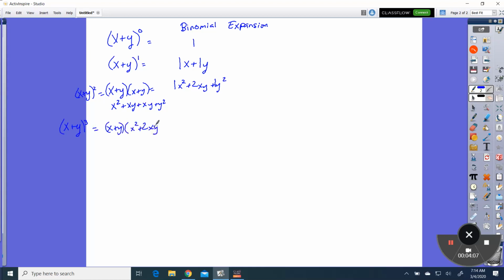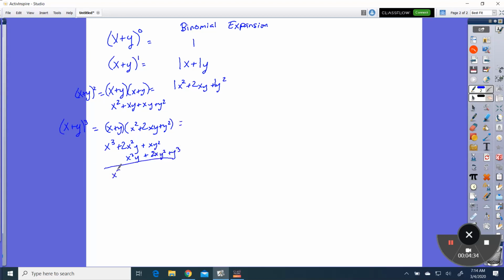And it gets really ugly fast. Like, to the 3rd is x cubed plus 2x squared y plus xy squared. That's just distributing the x. You've got to distribute the y. So that's going to be another x squared y and 2xy squared plus y cubed.